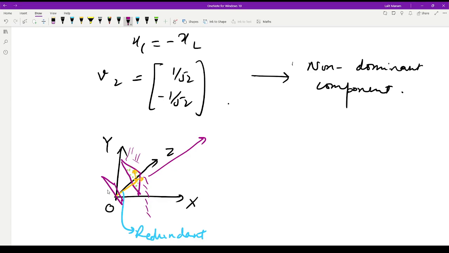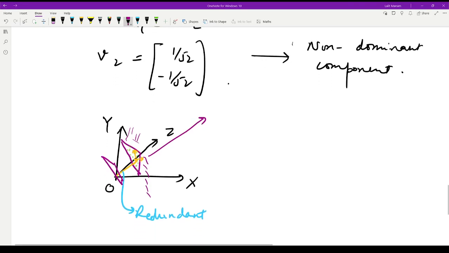So we just want to remove such unnecessary components. So we just shift the whole plane to the origin. Once we shift the whole plane to the origin, we can then find the principal components on the plane itself. I hope the intuition is clear. Yes, sir. Okay, great.